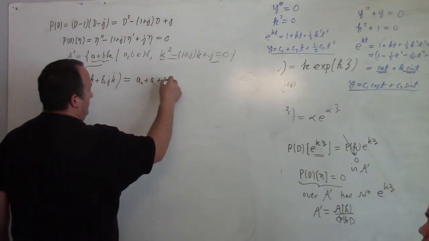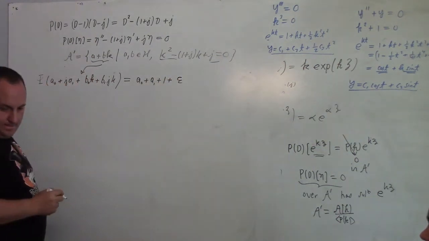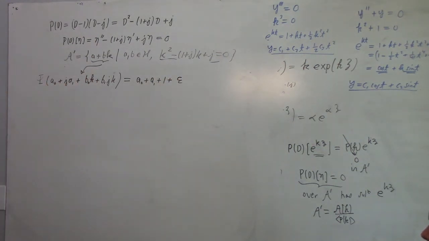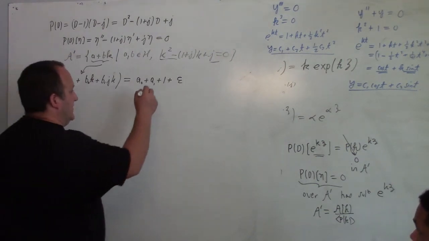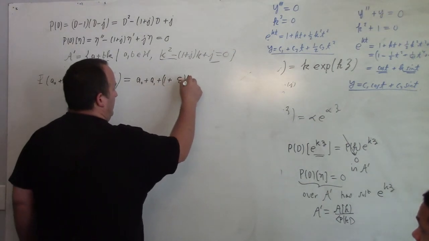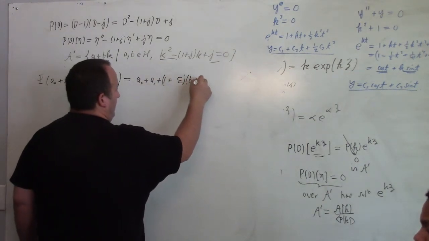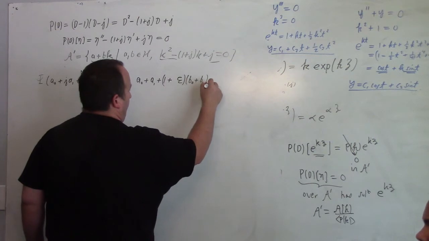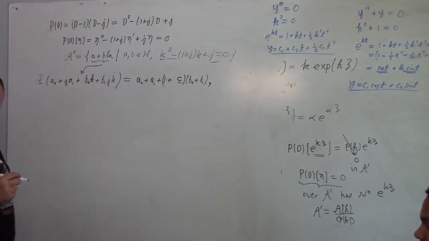What was that called? Yeah, epsilon. It's variable epsilon for what it's worth. Times B naught plus B1, so it's 1 plus epsilon times B naught plus B1, comma, A naught minus A1 plus... Oh, it's the direct product.